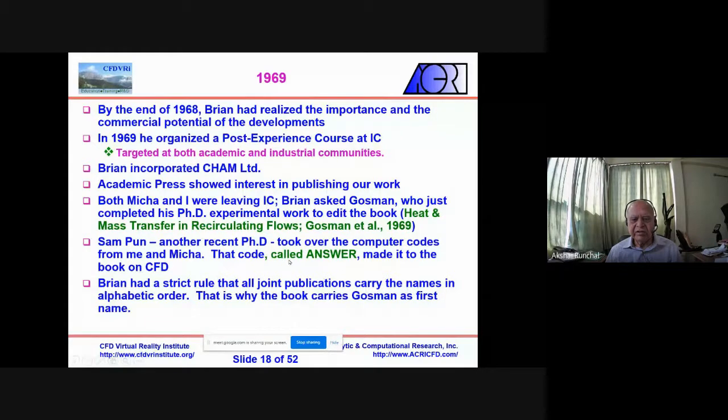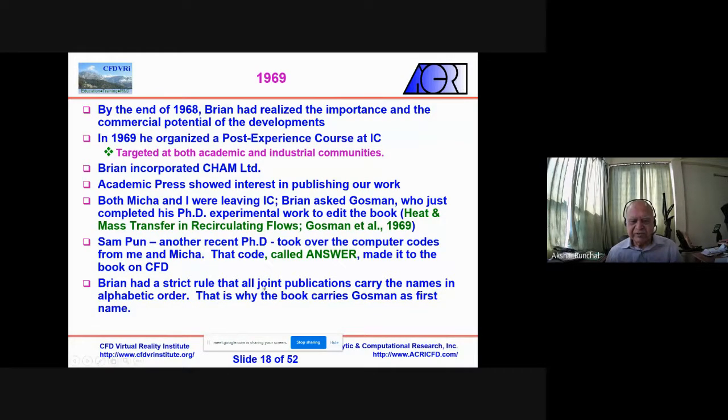Sam Pun took over the book because I was coming to IIT Kanpur to teach, and Suhas had left also for IIT Kanpur, and Mika had gone back to Israel, so there was nobody there. So Sam Pun took it on, and he's one of the co-authors for that reason.